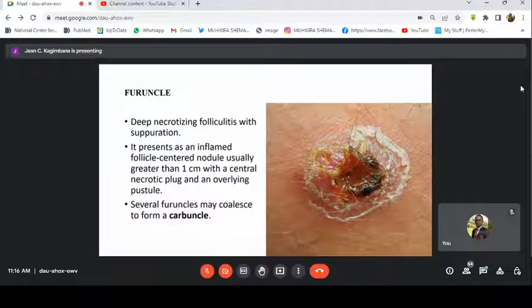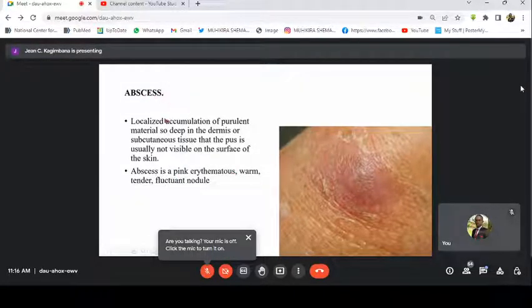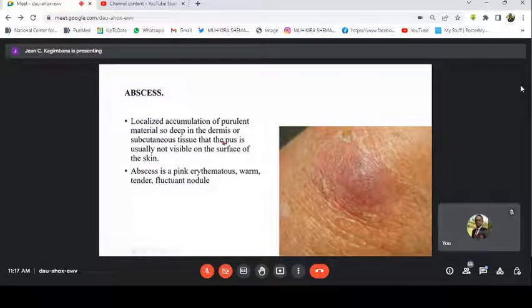Is it clear from here? The abscess now is a localized accumulation of purulent material so deep in the dermis or subcutaneous tissue that the pus is usually not visible on the surface of the skin.